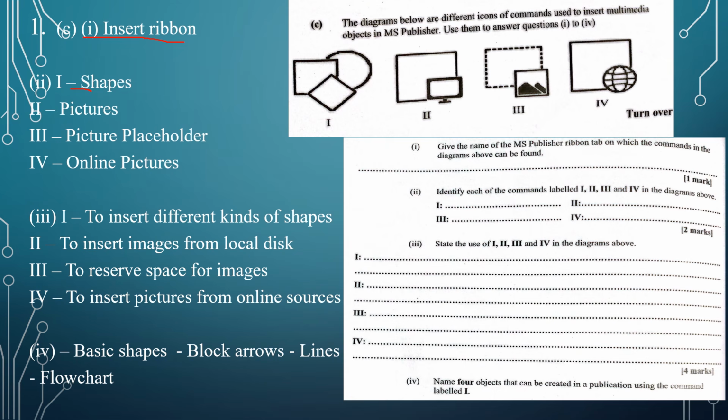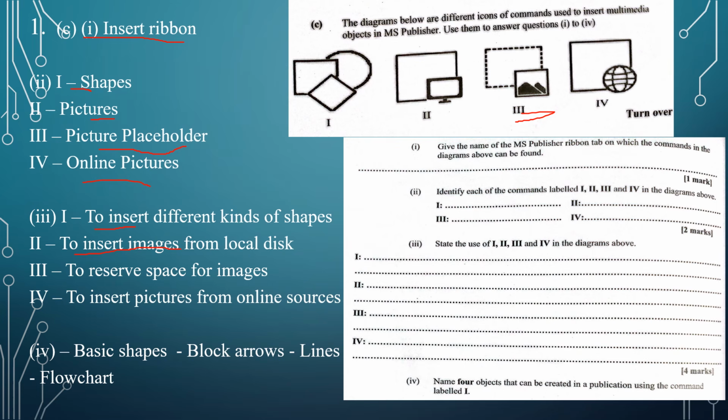So I is shapes, then II is pictures, then the picture placeholder for III, and then IV is online pictures. Then it says we have to state the use of each of them. So shapes is used to insert different kinds of shapes. Then pictures is used to insert images from your local disk.